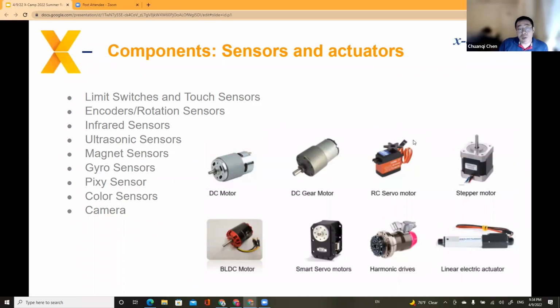We will also teach the kids different types of actuators, different types of motors, DC motors, servo motors. There are so many different ones, and for different missions and functions, which one to choose. So we'll talk about sensors and actuators, how they work, how to choose them, and how to program and control them. Next slide.